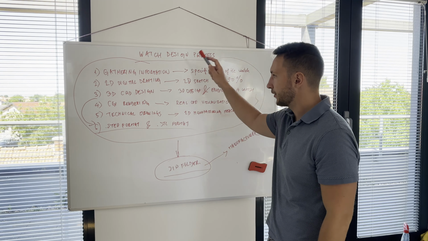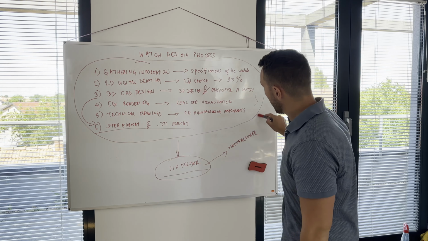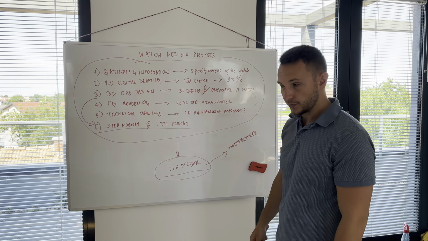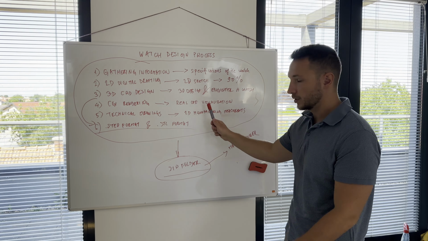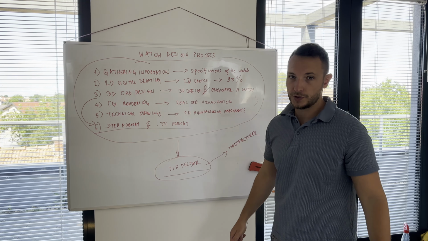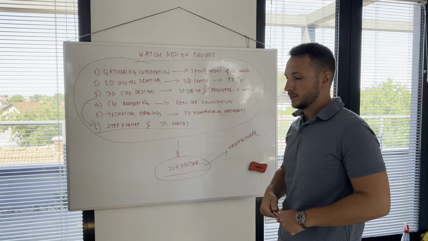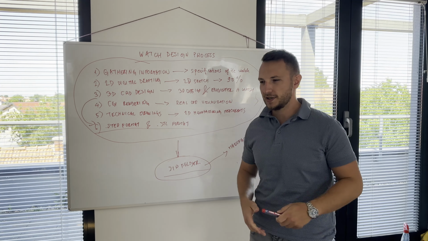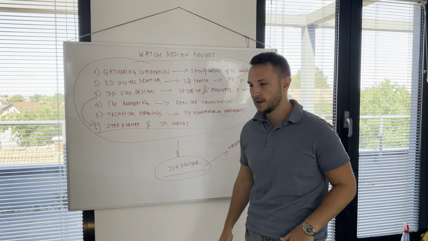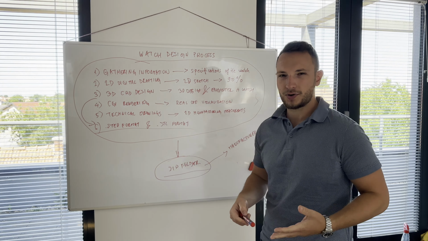Either hire a very good professional designer that will create all of these files for you to send to the manufacturer, or you learn how to create those files for yourself. Now imagine you have a manufacturer, and with Chinese manufacturers especially, it's very hard to communicate and explain directly what you want.